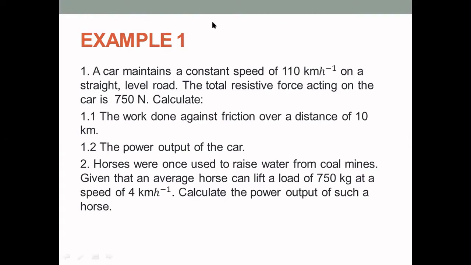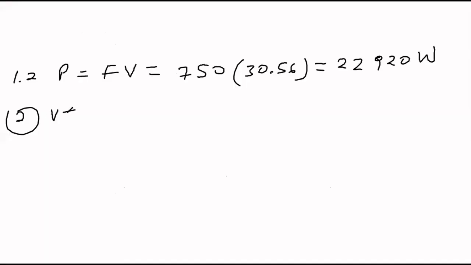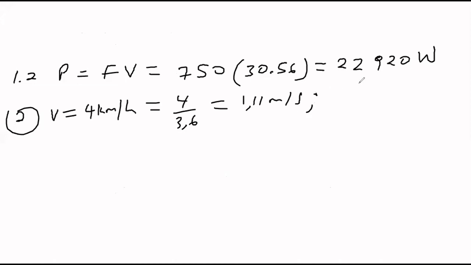Let's check what we have for number 2. We have the speed, which is 4 kilometers per hour. We convert: 4 divided by 3.6 is 1.11 meters per second.